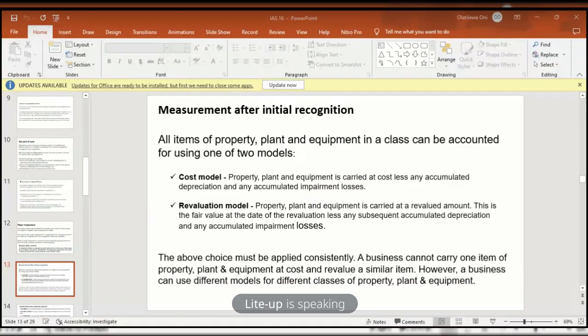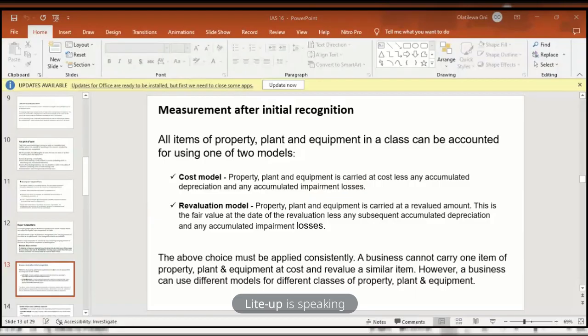The way we treat the cost model is that we take historical cost less accumulated depreciation. Some of the examples we took yesterday were on the cost model, and I'll still take one or two this morning on how the cost model is used to measure subsequently the value of items of PPE.